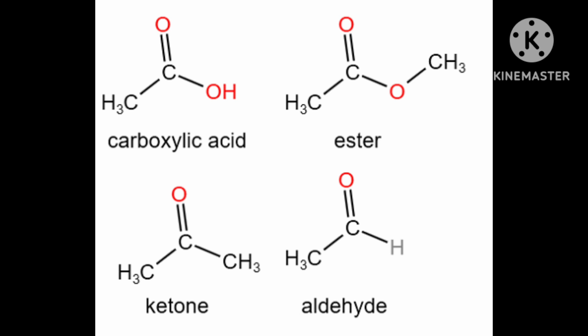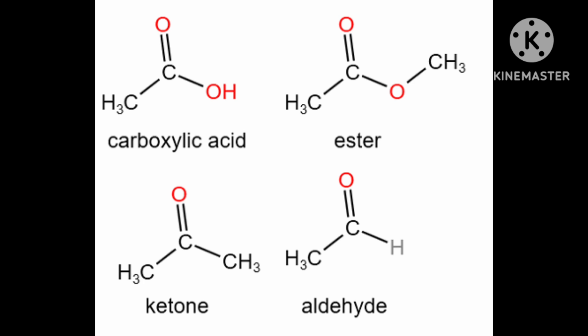Now the total is 7. If we remove this CHO group, then 6 are left. Here the methyl group is attached at carbon number 3, and carbon number 4 is bromo.